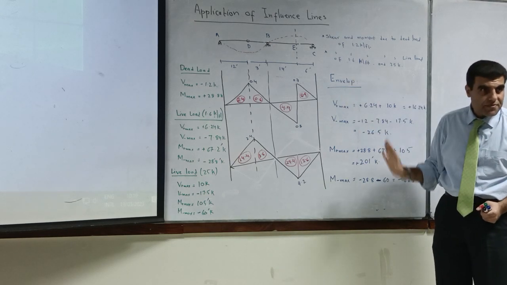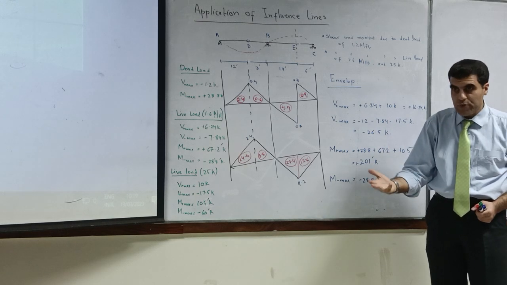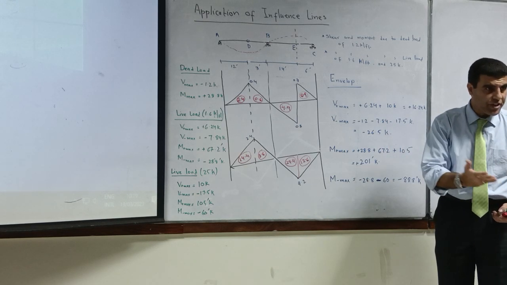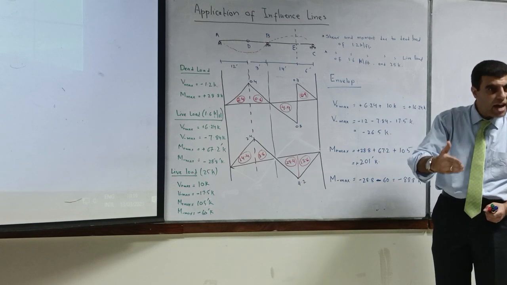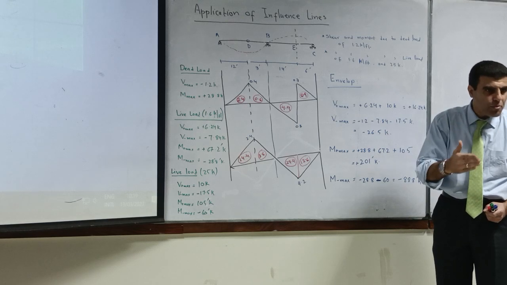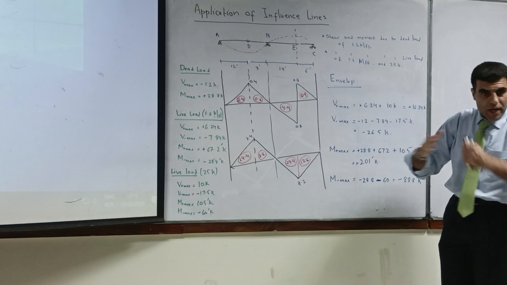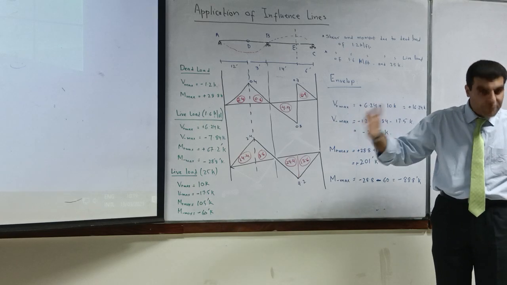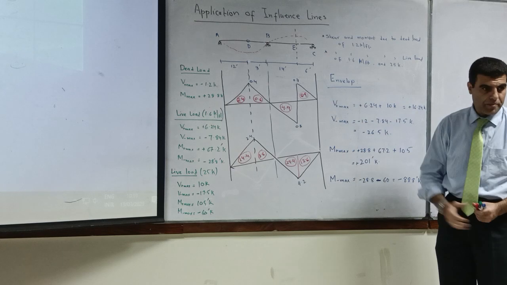Obviously, we can't do it by hand, so we use computers to do that for us, or spreadsheets, Excel sheets. But we do it for each and every point, at 10th point along the length. And from there we find out our maximums and our minimums.